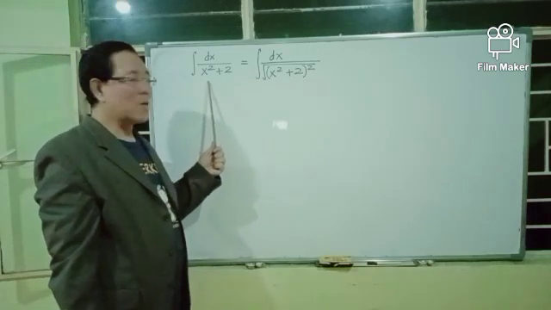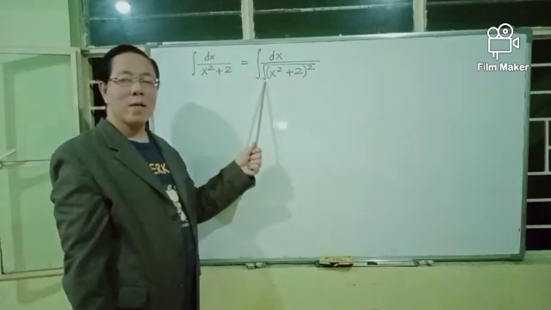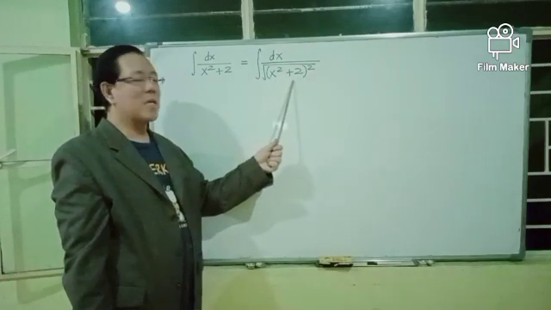Again, the binomial x squared plus 2 can be written as the square root of the square of x squared plus 2.